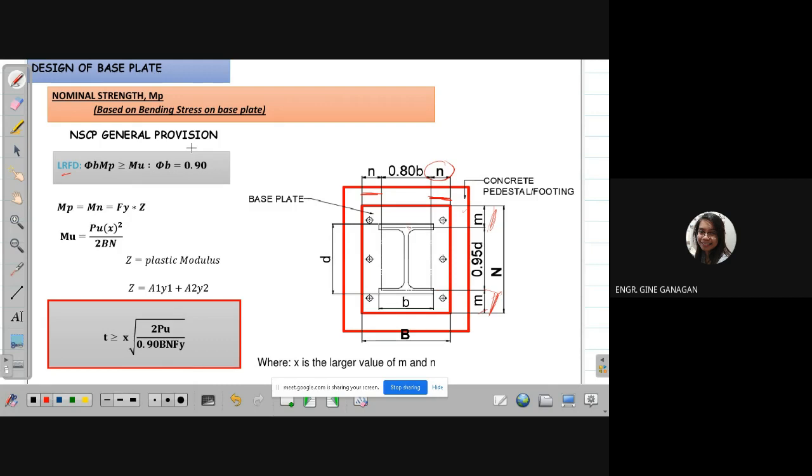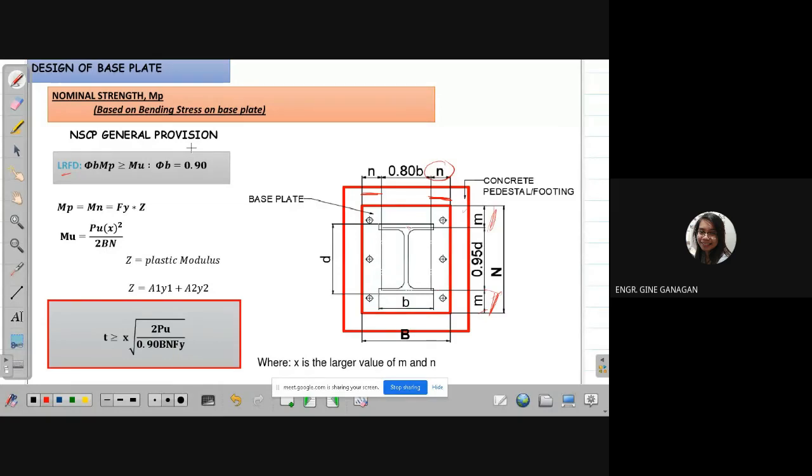And siya nga pala, pag wala akong nabanggit during your activities, quiz, or even exam, lahat, pag wala akong sinabi kung anong gagamitin ninyo na procedure, always use LRFD. Okay? So pag isa lang yung hinahanap, always use LRFD.